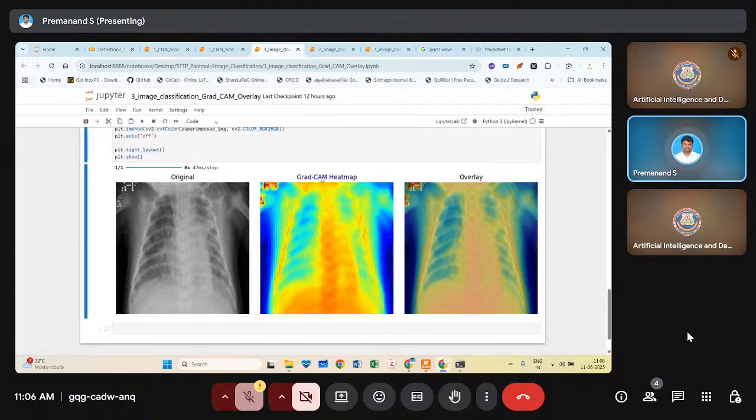Using the GradCam heat map. Why do we need to use this GradCam heat map? Suppose we are collaborating with hospital doctors. They will be giving the data, and we'll be working on a problem statement and an approach, a solution, for that problem statement. If a doctor asks a basic question, I'm giving an X-ray, what features are you focusing on?